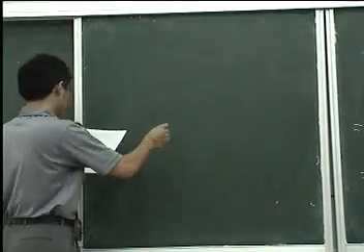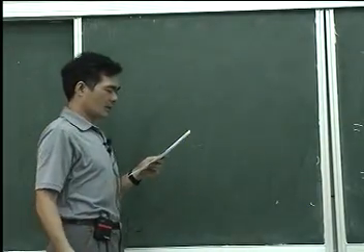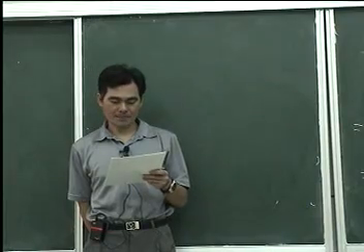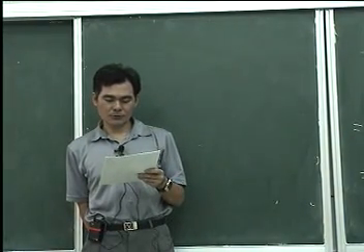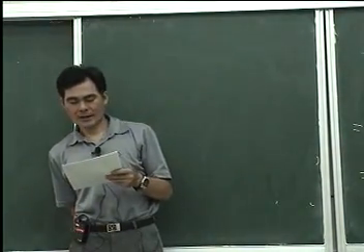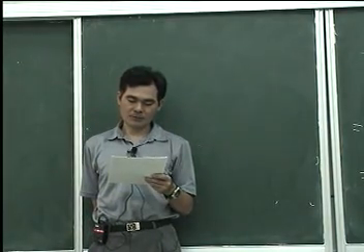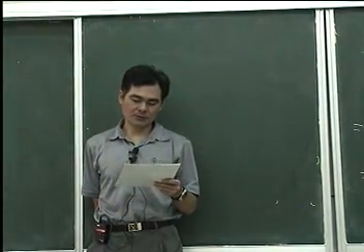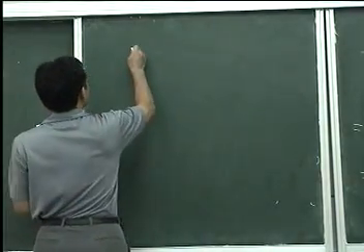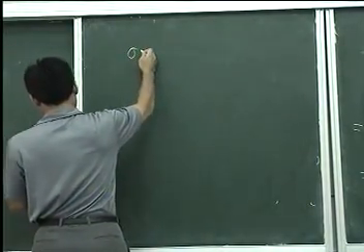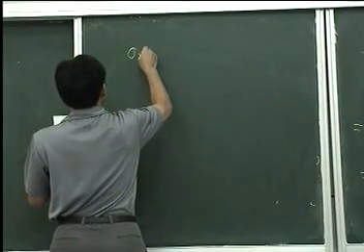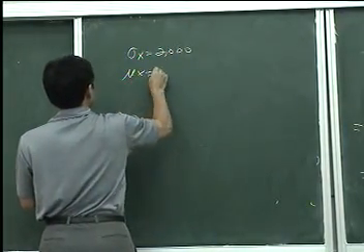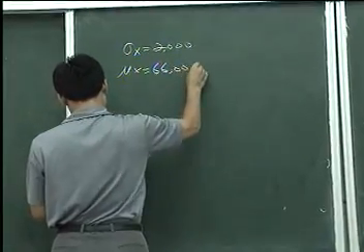Okay, so this is a sample on the tires, okay? So the average mileage for the tires is 66,000, and the standard deviation is 2,000. Okay?